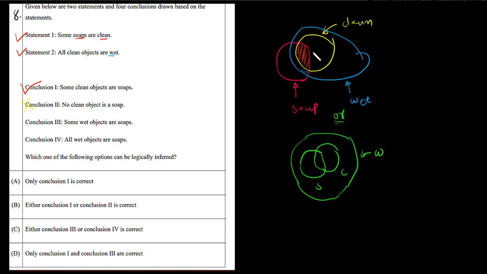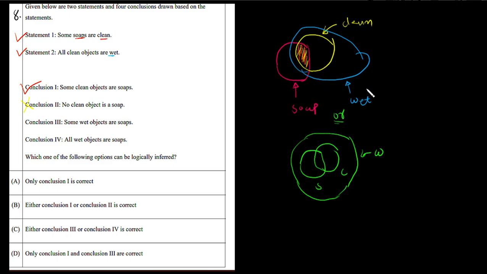You can also see this conclusion from this Venn diagram, because the clean object must include some soap which fall in this area. So now let's move to the third conclusion. Conclusion 3 says some wet objects are soap.